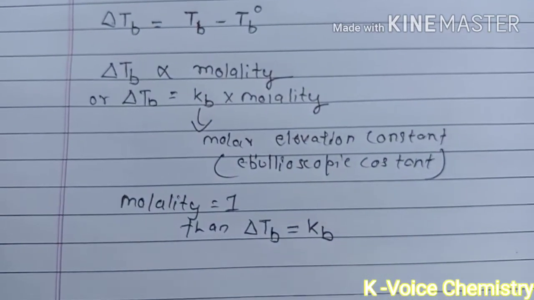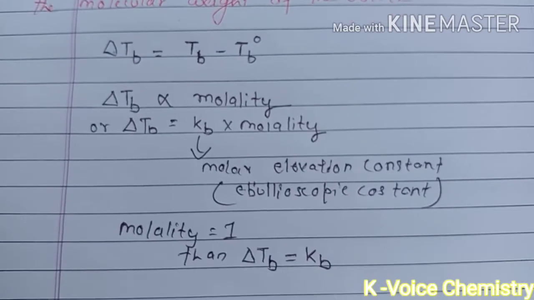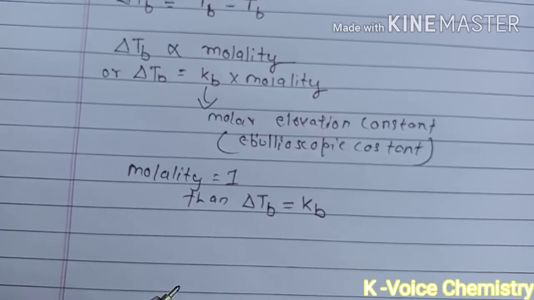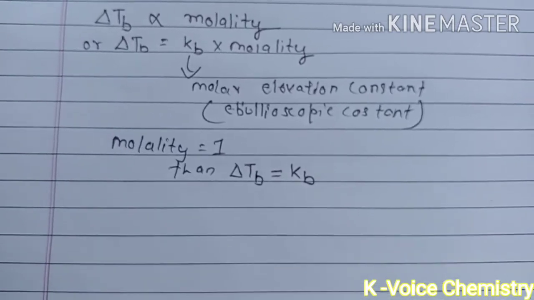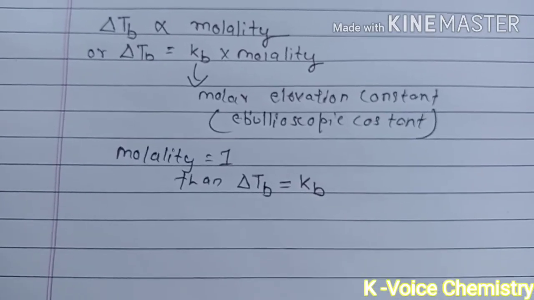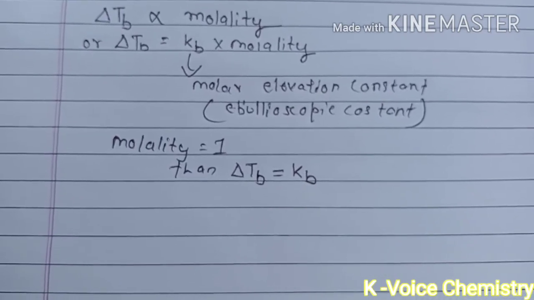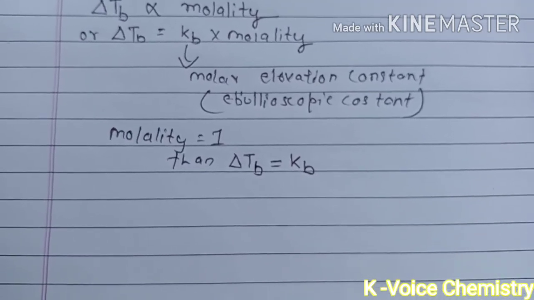I hope that it's clear. Thus the molal elevation constant may be defined as the elevation in the boiling point of the solution containing 1 gram mole of a solute per 1000 grams of a solvent.